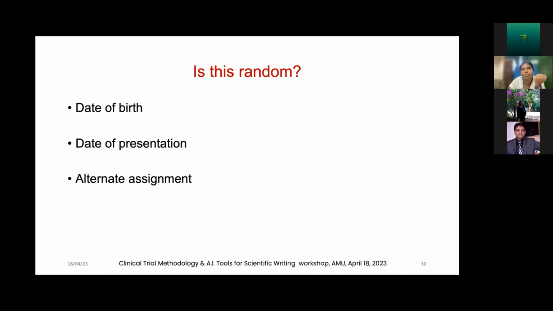You already have prior knowledge of who the participant is. So intentionally or unintentionally, you can have selection bias when you use one of these techniques. Even though many papers write this as random, they are not strictly random. Kindly avoid such techniques.